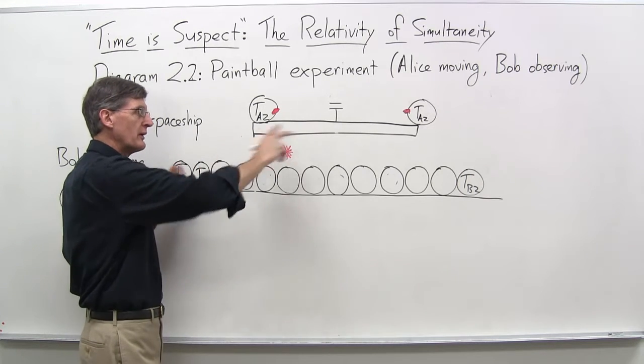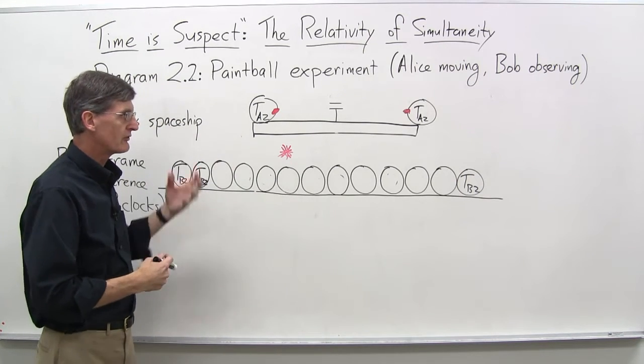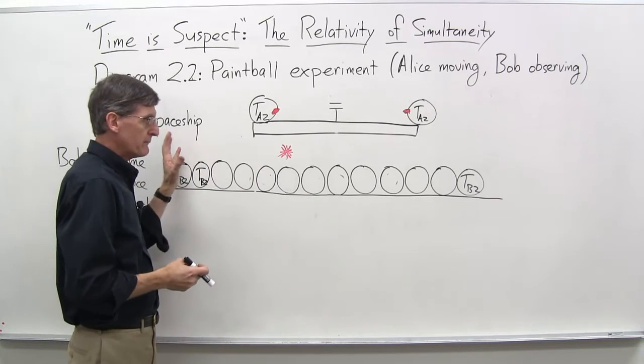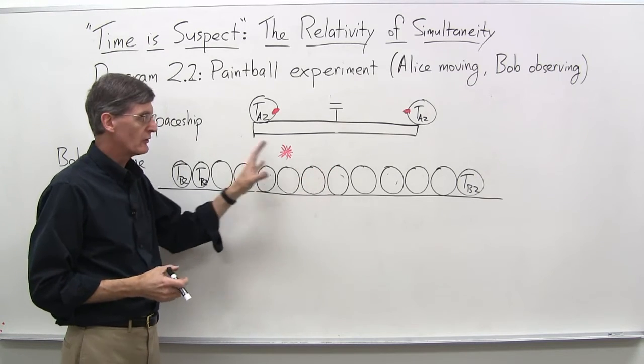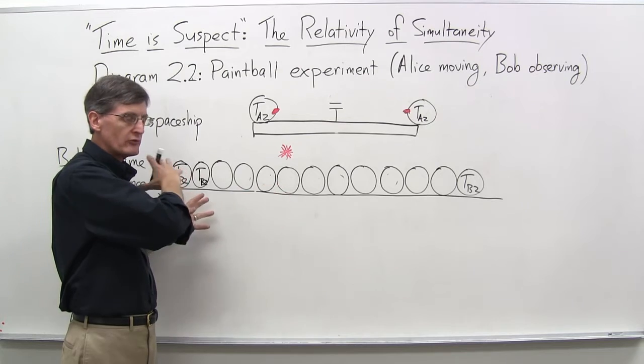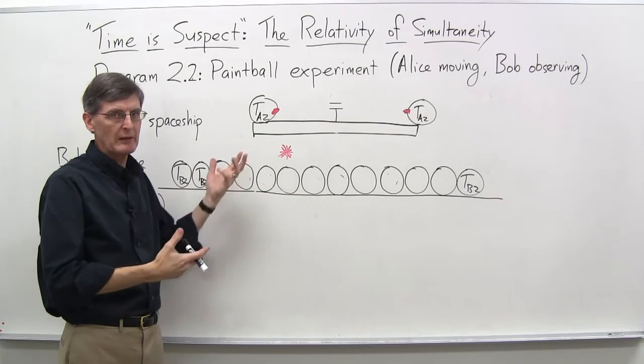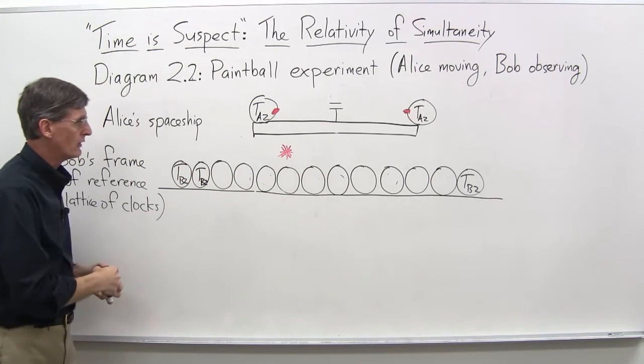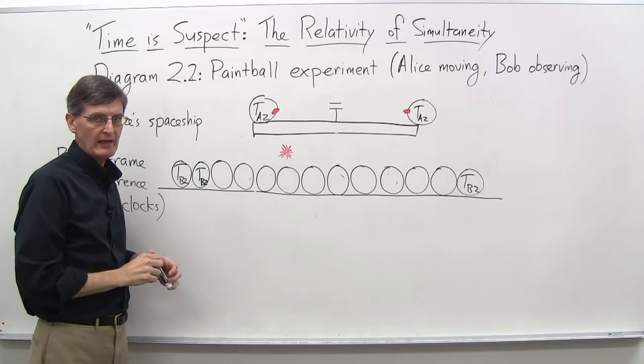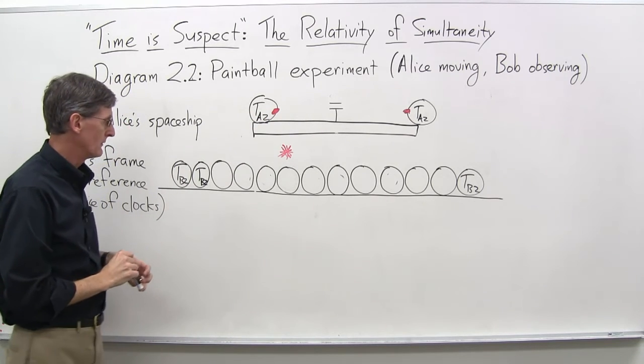If we were doing this experiment with paintballs and things were traveling near the speed of light, this analysis wouldn't be correct. But we're just going to assume a regular situation, speeds aren't very great. We're dealing with paintballs, of course, and therefore the paintballs will hit at the same time here.